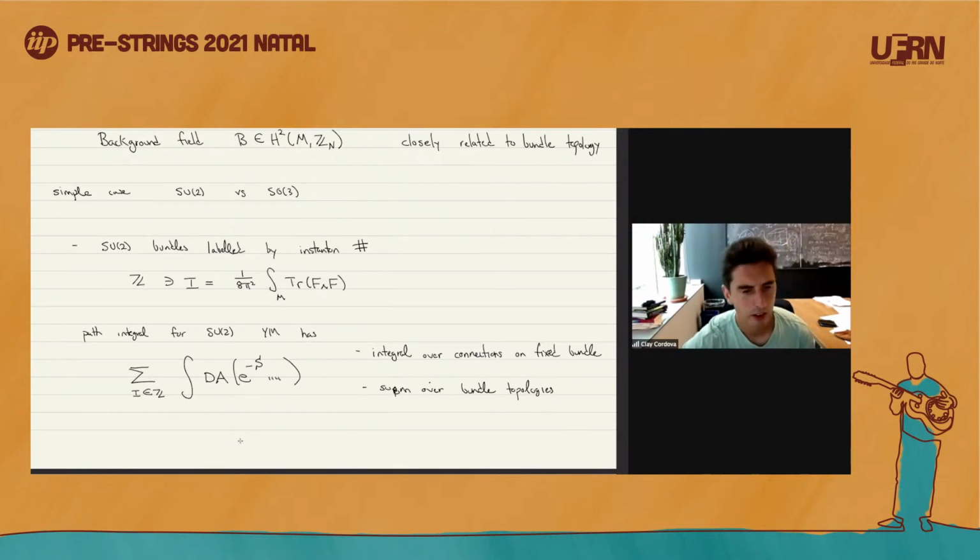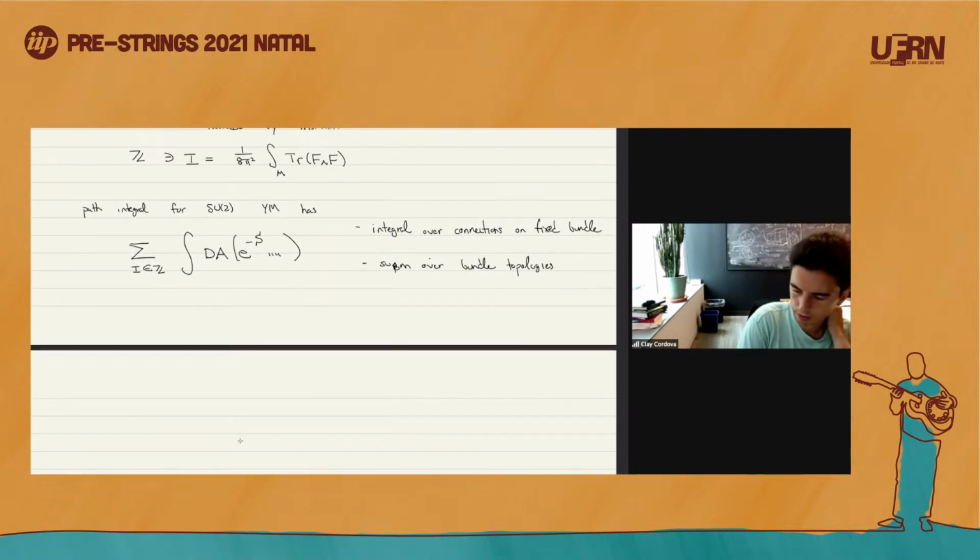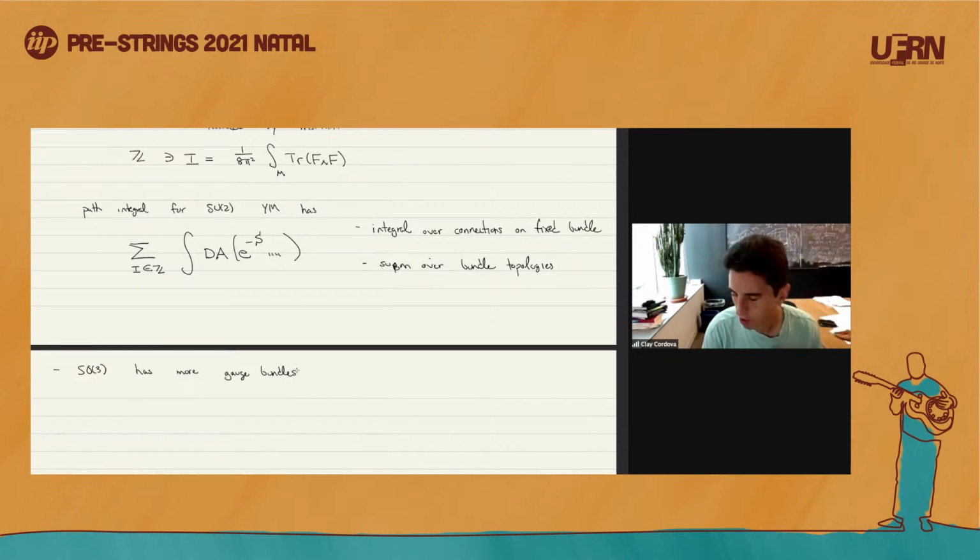Now I'd like to compare this to what's going on in SO(3). So the first thing that one needs to remember is that SO(3) has more gauge bundles than SU(2). What I mean by that is that any SU(2) bundle is an SO(3) bundle, but the converse is not true.